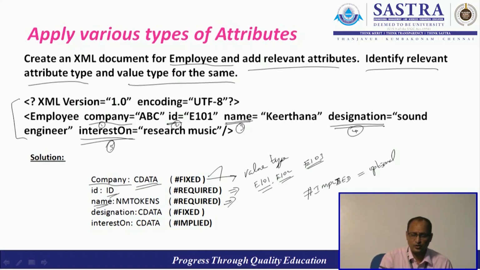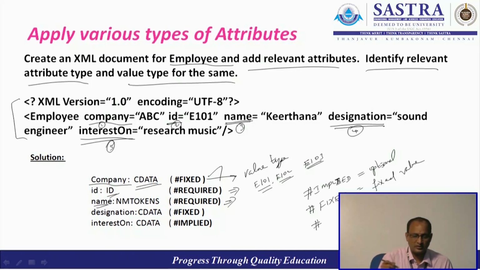In that sense, you can go for #IMPLIED, or #FIXED. With #FIXED, only the particular value assigned while declaring the attribute, the same value should be entered by the user. So this is the fixed value the attribute will carry.